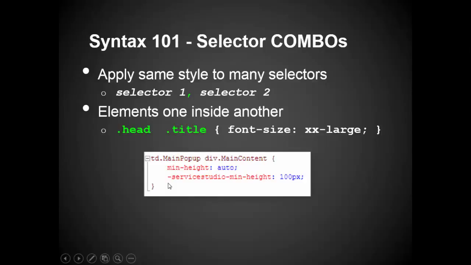Meaning these styles, all of the browsers will look onto this and will not recognize the prefix, so the browser will not apply the style on one hand. On the other hand, the Service Studio, in the preview mode, will apply this style. So in this example, we are saying that the min height is auto, but on Service Studio, the min height is 100 pixels.